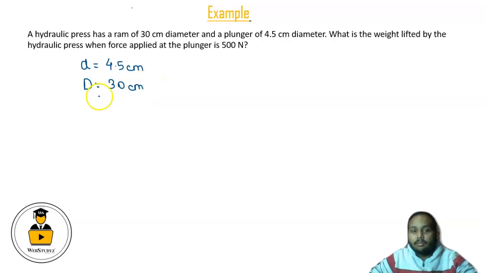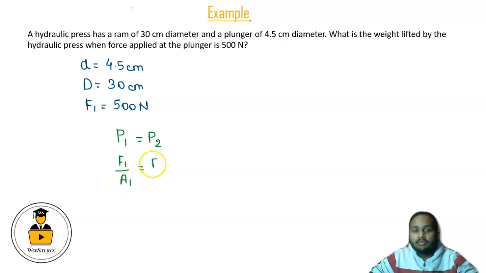Now the force applied at the plunger we will take as F1, let's say 500 newtons. According to Pascal's law, the pressure applied at the plunger, P1, is equal to the pressure exerted on the ram, let's say P2. Pressure is force upon area. So F1 by A1 is equal to F2 by A2.